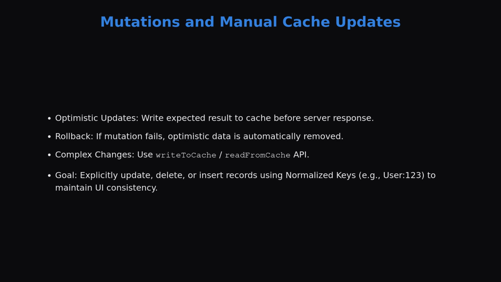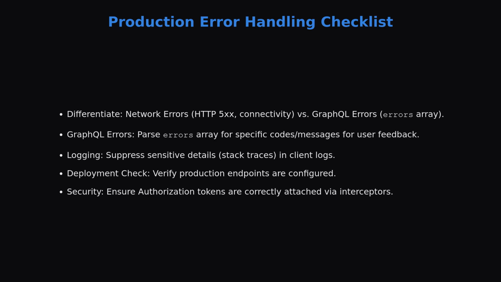Robust error handling requires differentiating between two distinct error types: network errors, such as connectivity loss or Hypertext Transfer Protocol 500 status codes, and GraphQL errors, which are returned within the dedicated errors array, indicating issues like validation failures or authorization problems.